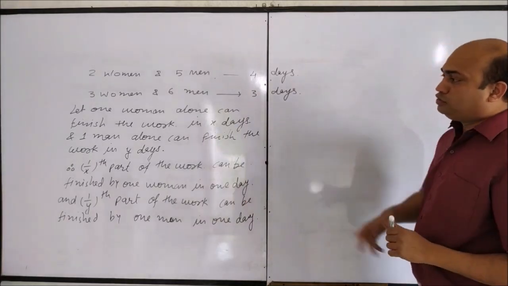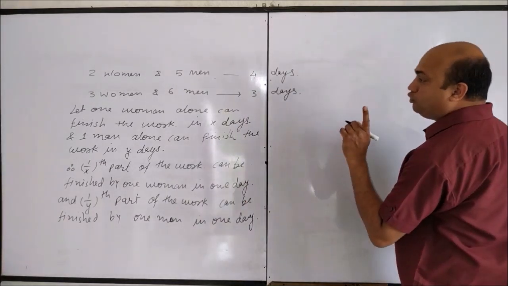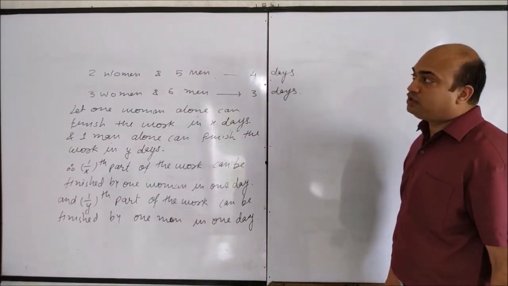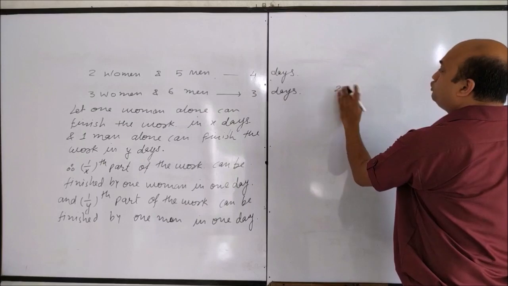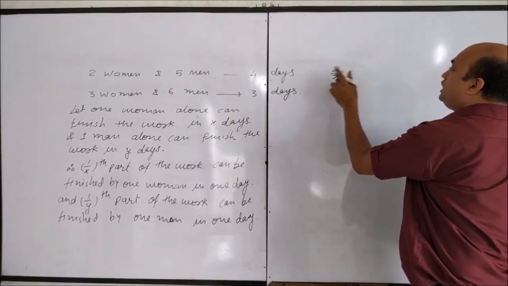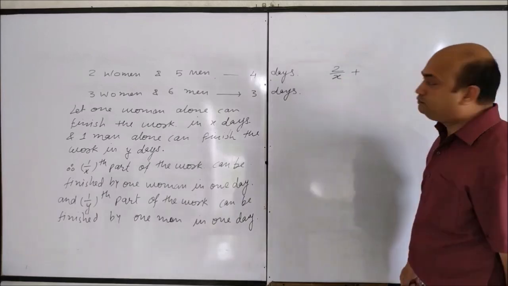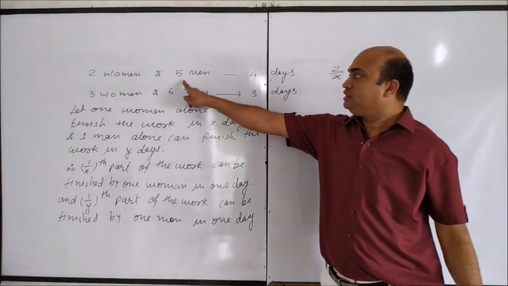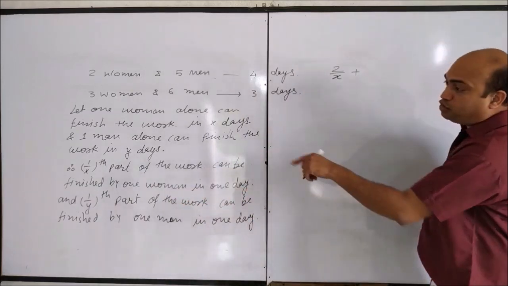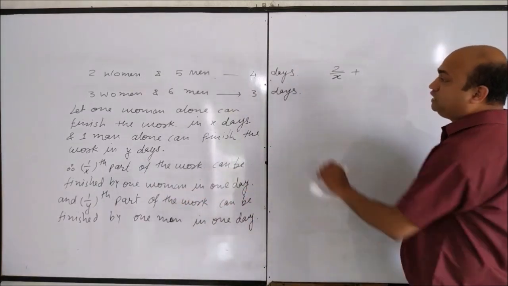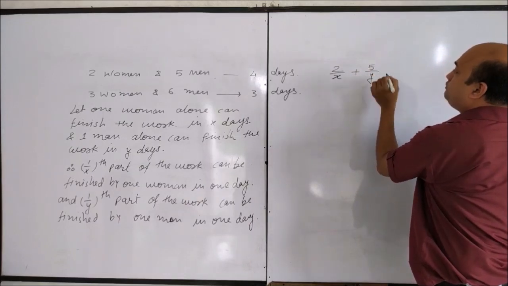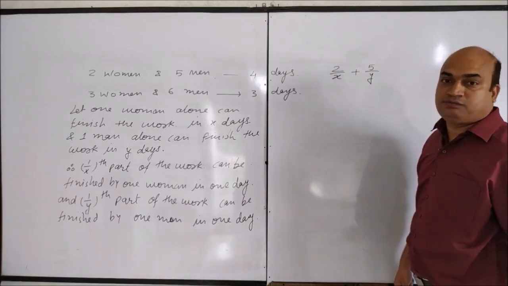Now, you see, if 1 woman can finish 1 upon xth part of the work in 1 day, then 2 women can finish 2 by x part of the work in 1 day. And 1 man can finish 1 upon yth part of the work in 1 day. Therefore, 5 men can finish 5 by yth part of the work in 1 day.